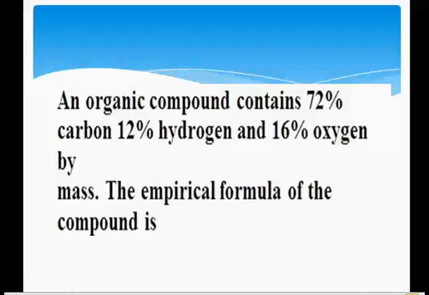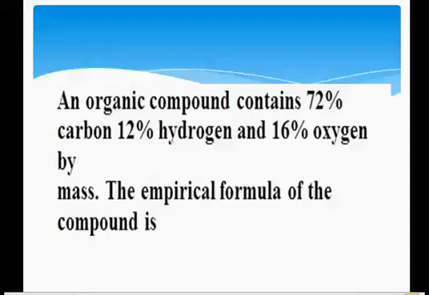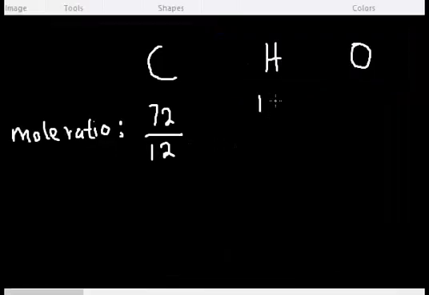Then hydrogen is 16%, I hope I'm not mistaken. The next is hydrogen, yeah, 16%. No, 12%, please pardon me. Hydrogen is 12%, divided by the atomic mass of hydrogen, which is 1. Then oxygen is 16%, right?